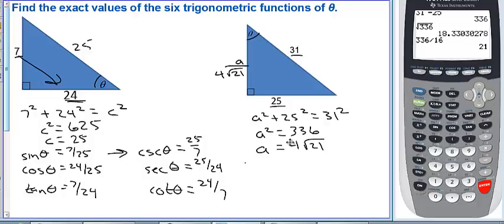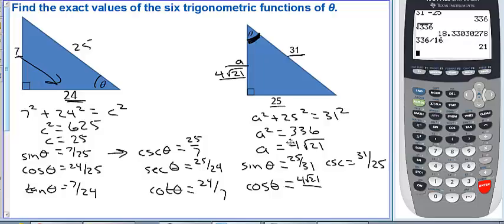Now remember we're picking this angle up here, so SOHCAHTOA, opposite over hypotenuse, sine is 25 over 31. So now we know that cosecant is 31 over 25. We need cosine, which is adjacent over hypotenuse. So we have 4 square root of 21 over 31.